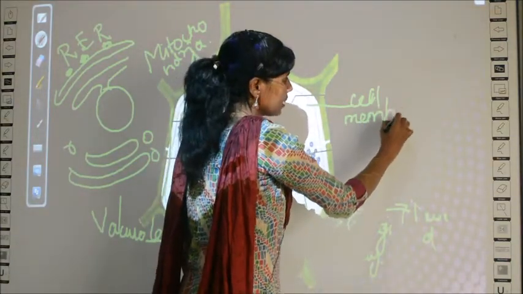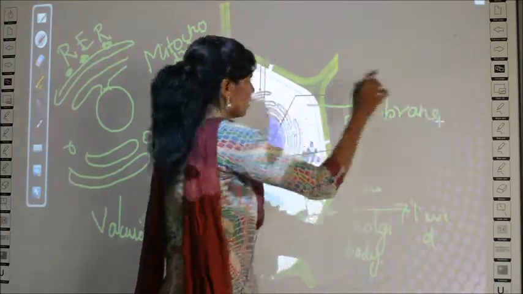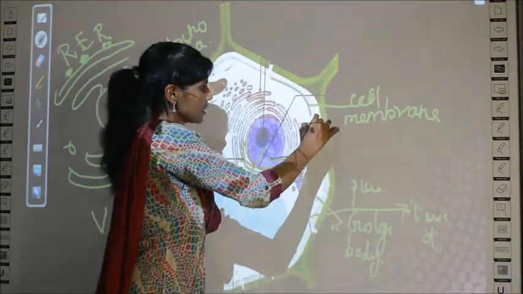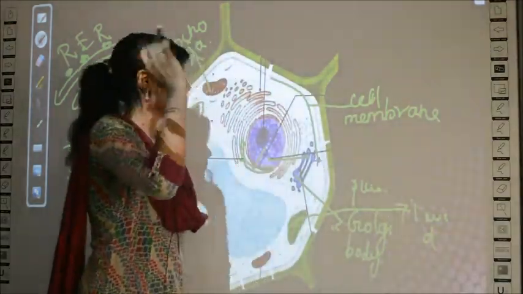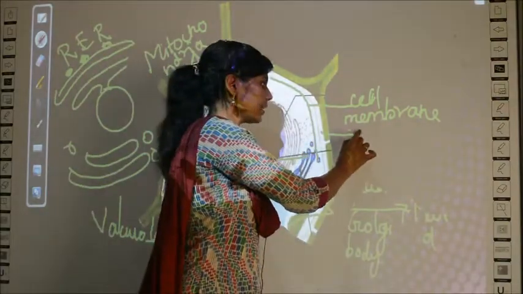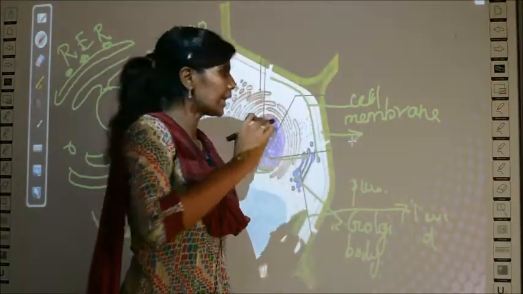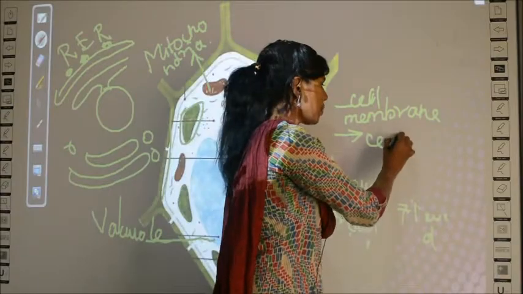Which one? The brown color membrane. Can you see here? This is cell membrane, and this green color layer is called cell wall, which is a special property of plant cell.